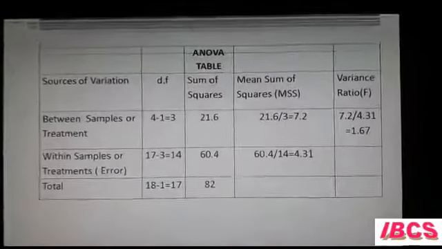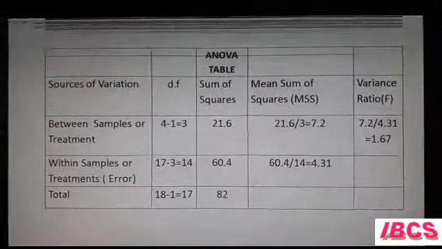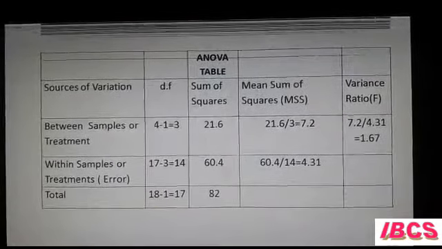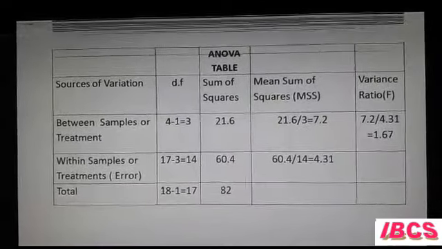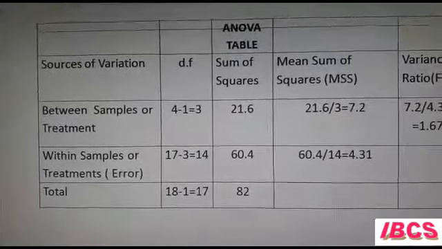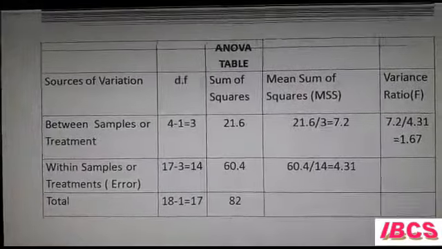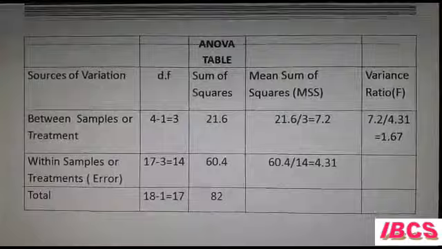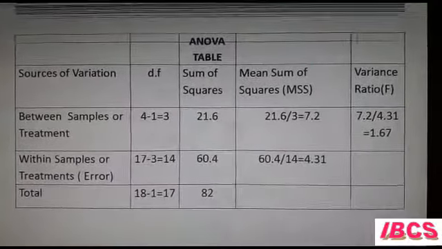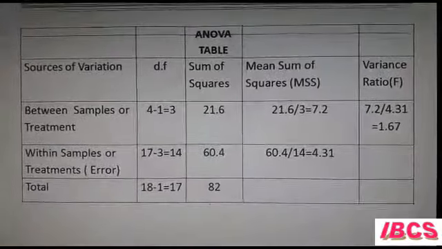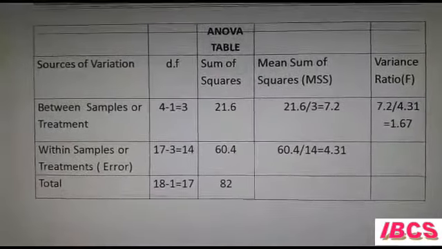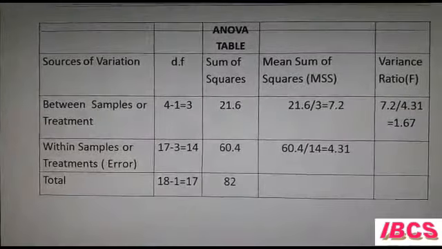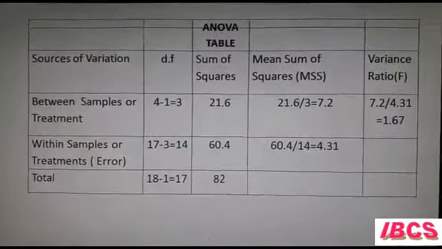Now we can prepare an ANOVA table. We have source of variation, degrees of freedom, sum of squares, mean sum of squares, and variation ratio, that is the F test. So between samples or treatment, degrees of freedom 4 minus 1 is equal to 3. Sum of squares 21.6, what we have got. Mean sum of squares is 21.6 by 3, that is sum of squares by the degrees of freedom.